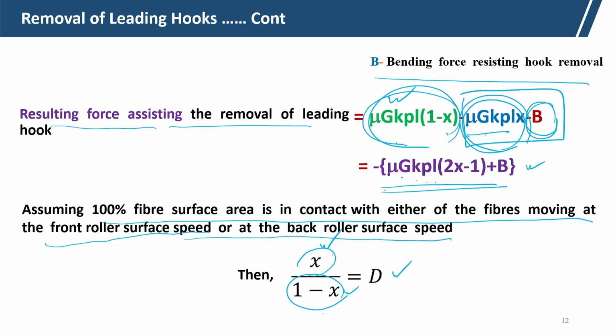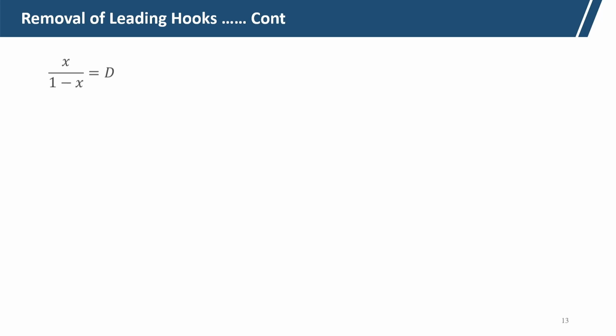So, it is proportional to the number of fibers moving at faster speed and number of fibers moving at slower speed. So, if we replace there, this can be rearranged, d minus x equal to 2x minus 1 by 1 minus x.